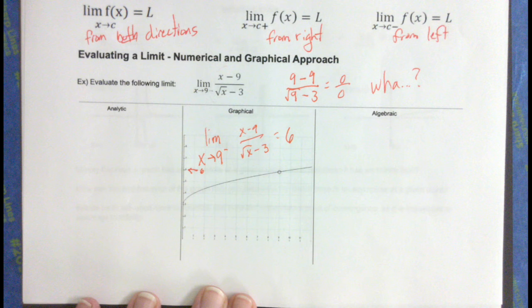We would multiply the top and bottom by the conjugate of the bottom. Now, what is the conjugate of that denominator there? Square root of x plus 3.